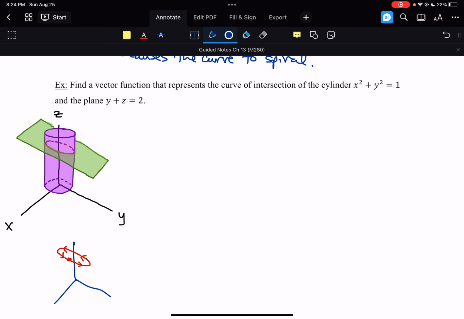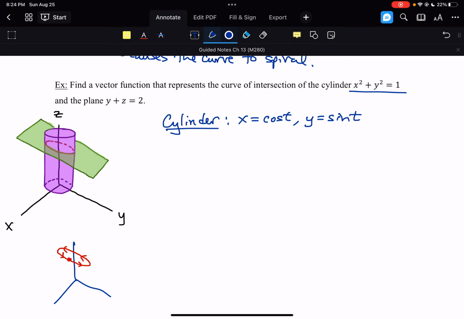All right, so we know that this curve of intersection lies on both the cylinder and the plane. That's the whole point, it's on both. So the cylinder will give us some information. For the circular cylinder with a radius of 1, we get x equals cosine of t, y equals sine of t.